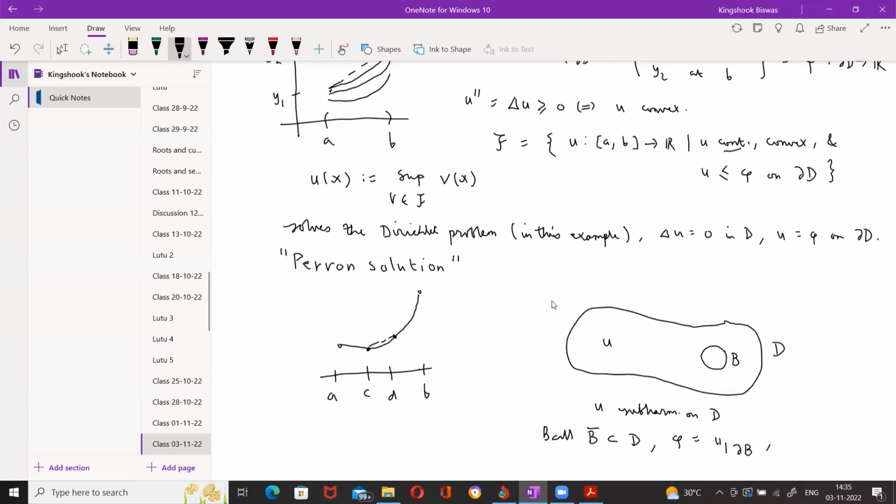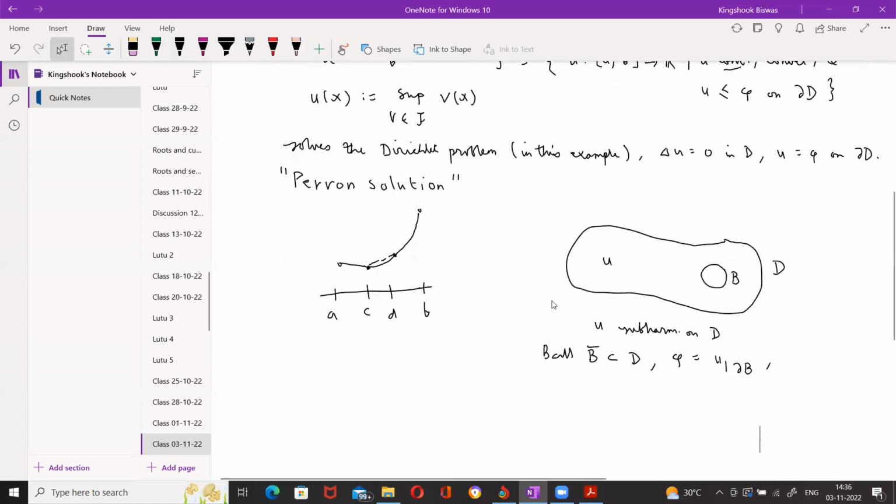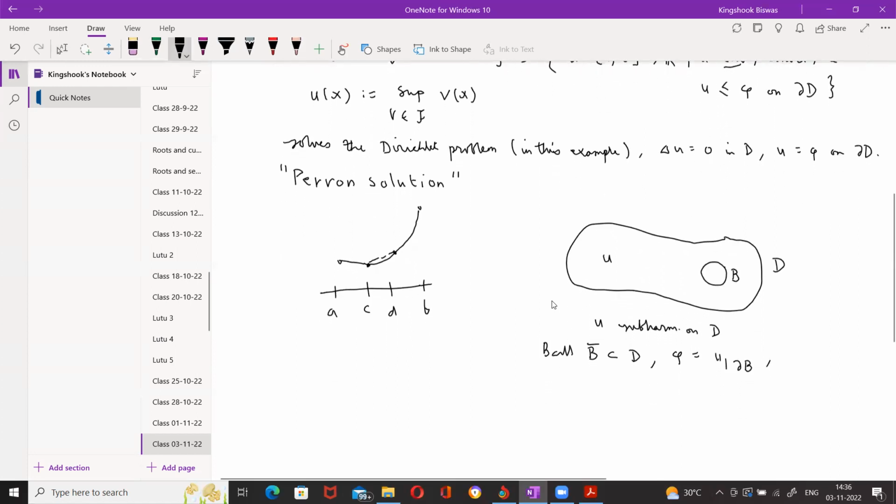Then I take a new function, U sub phi, on the domain D. This is equal to U on D minus the closed ball, so outside, I don't change it.